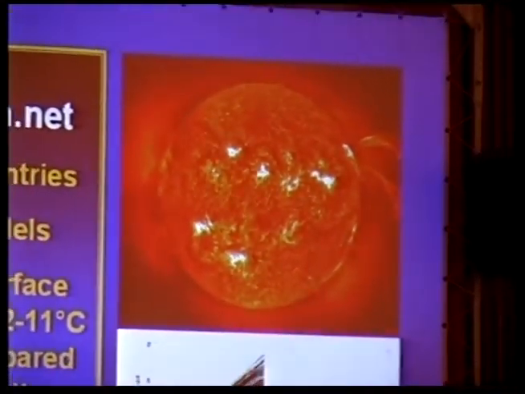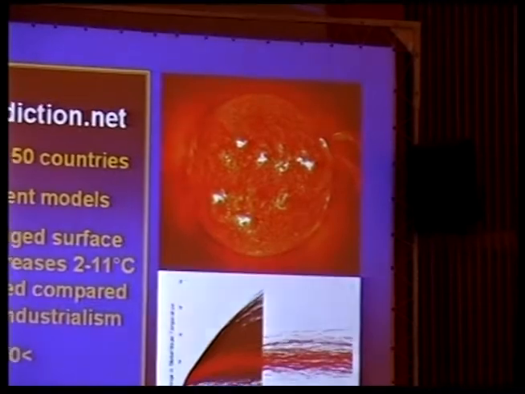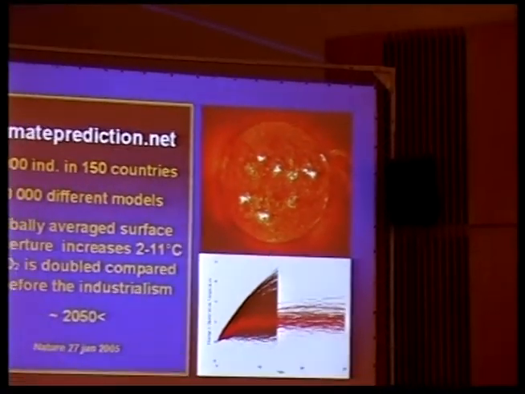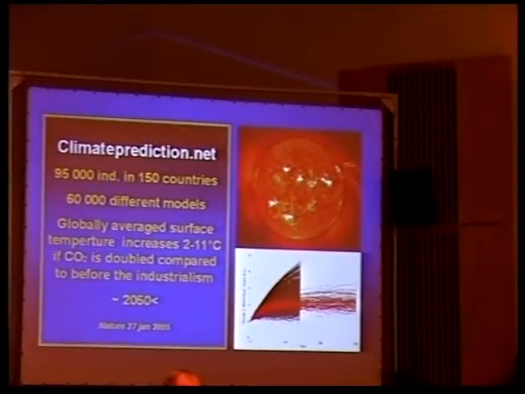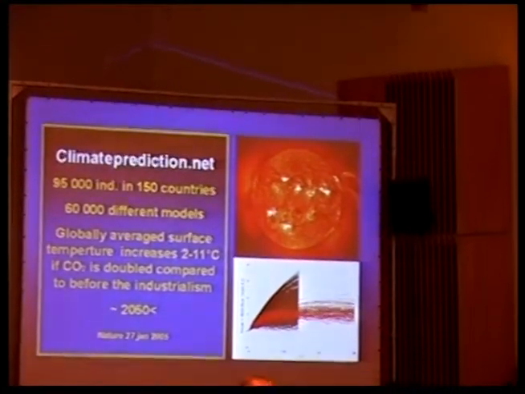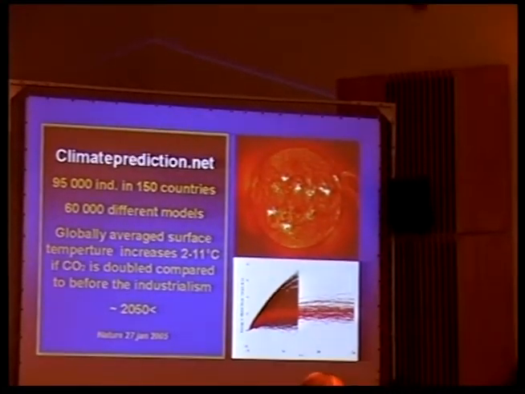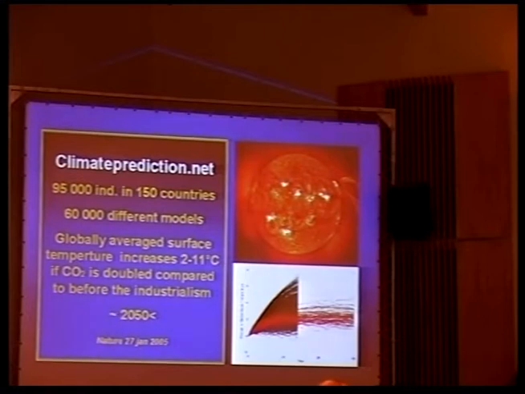This is something very interesting. You could all go to this website, climatepredictions.net. What they have done is that people have allowed them to use their computers to calculate how the temperature would change over the next 50 or 100 years or so. By doing that, they have increased their computer capacity much more than the earlier models.